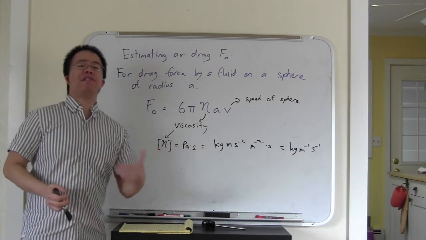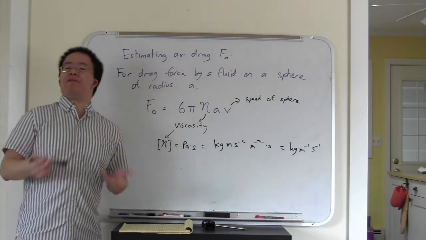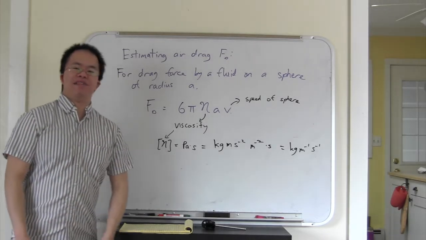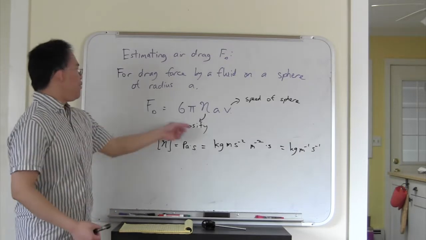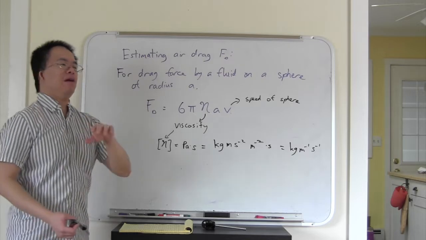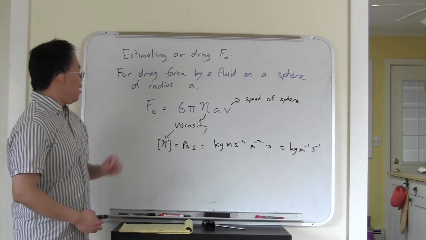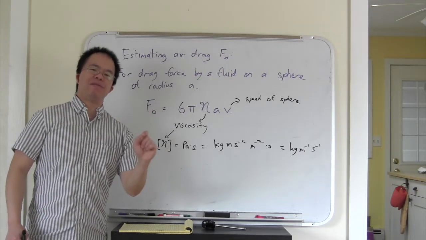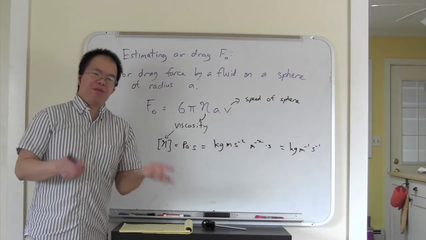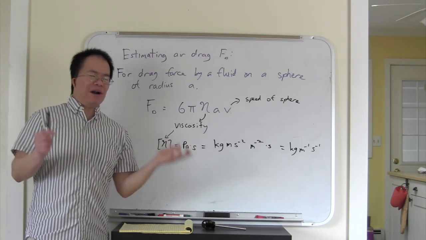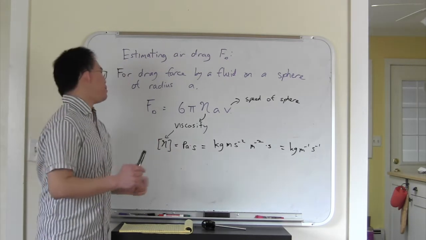So the viscosity of a fluid is something you can look up online or in engineering handbooks. For us, we are dealing with something that's falling through air. Now, there are several ways in which this is a really approximate result for estimating. One apparent way and one way that's not so apparent.